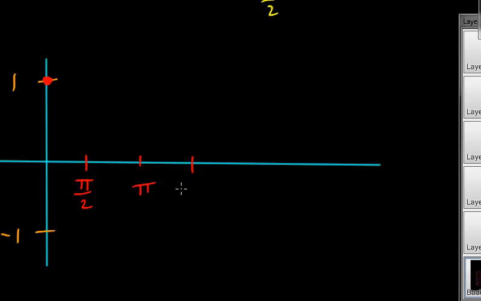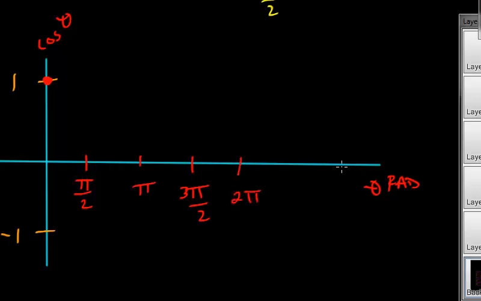Pi, 3 pi over 2. This is in radians here. This is, of course, the cosine of theta. This is theta in radians there. So this is the x-axis and this is the y-axis as far as this graph goes. This would be 2 pi.